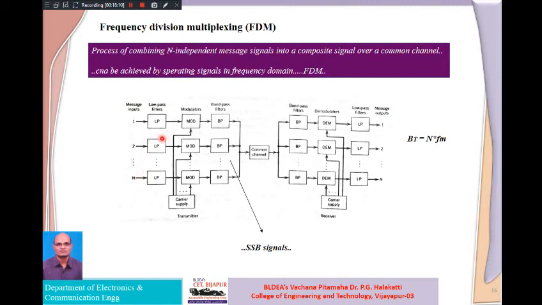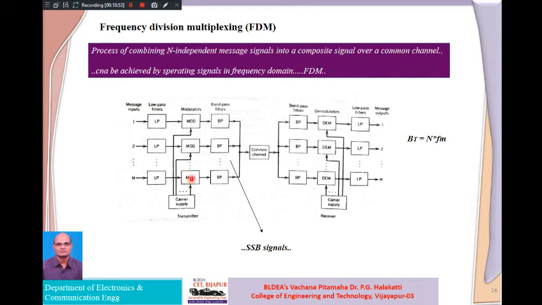Now all of them are passed through their respective low pass filters, so only low frequency components will be allowed. Next, each one is mixed with its own unique carrier signal. Here modulator 1, modulator 2, and so on up to modulator n are acting like product modulators: product modulator 1, product modulator 2, and so on up to product modulator n.